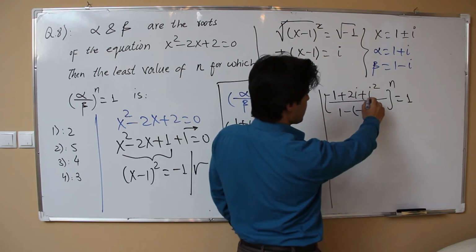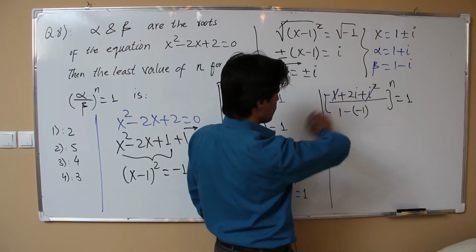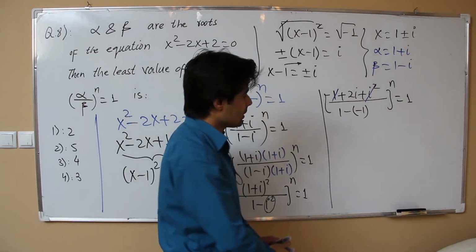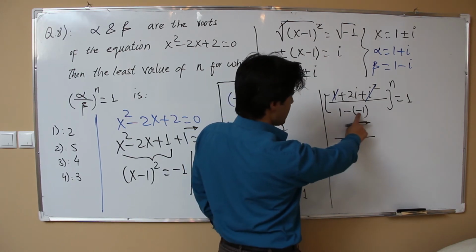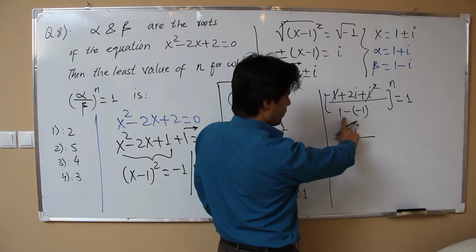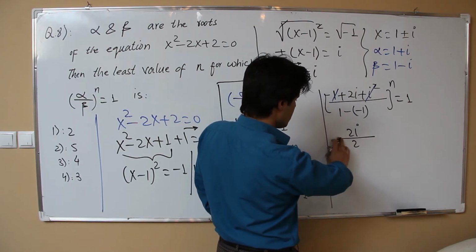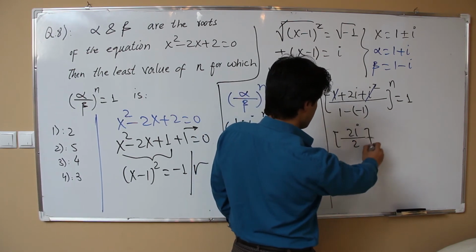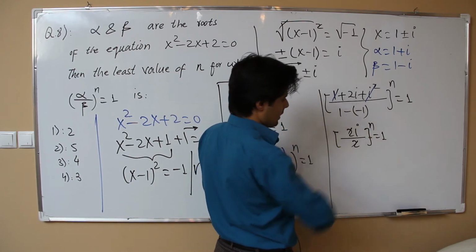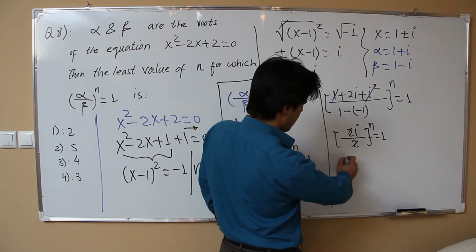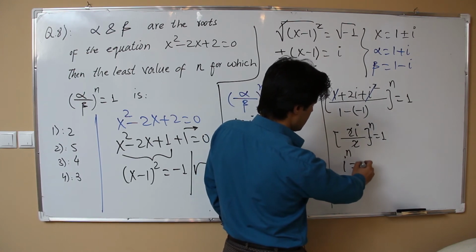This i square, it's minus 1. This minus 1 with plus 1, we can cancel with each other. So we will have 2i, and minus minus is positive, 1 plus 1, it's 2, raised to the power n is 1. Now we can cancel these two. Now we have i to the power n is 1.